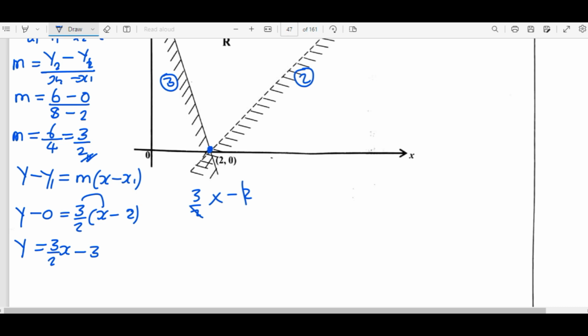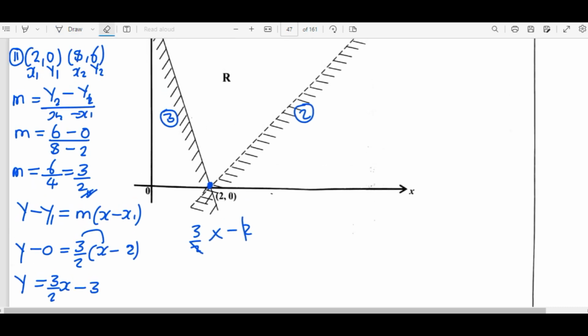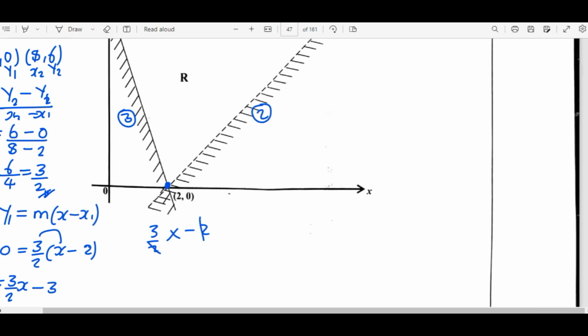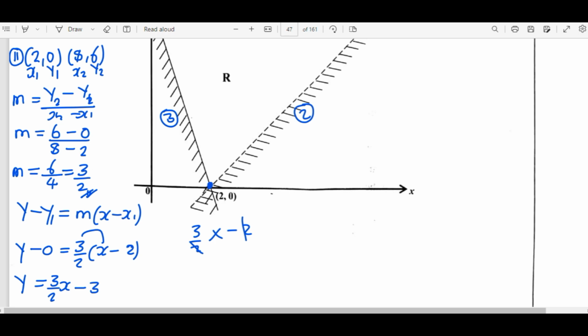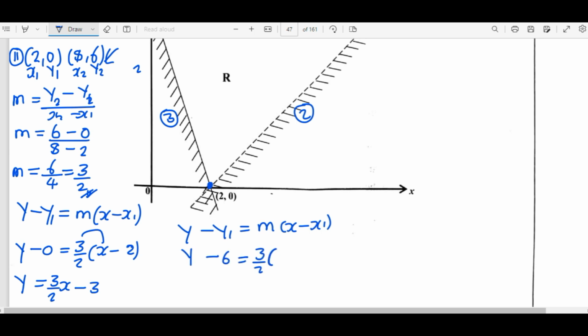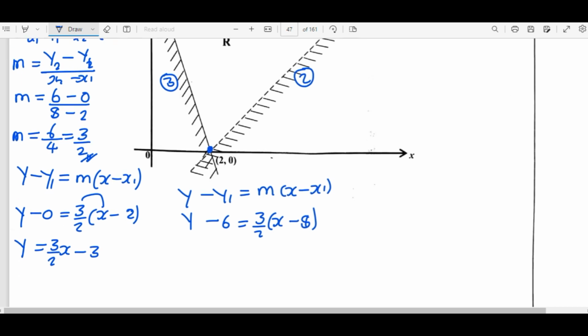Okay, let's use the other pair just to clarify. I just want you to see something here. We say y minus y1 is equal to gradient times x minus x1. If we use this pair, we have y minus 6 is equal to 3 over 2 multiplied by x minus 8. If we simplify, 3 over 2 times x is 3 over 2x.